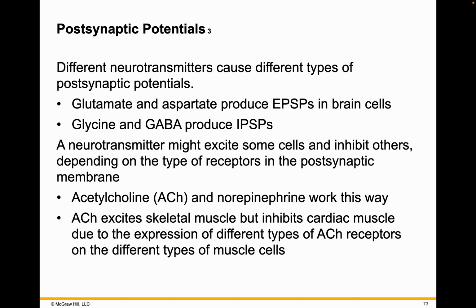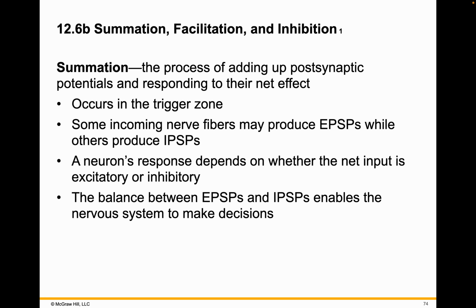A neurotransmitter might excite some cells and inhibit other cells, depending on the receptor in the postsynaptic membrane. Acetylcholine and norepinephrine both work in this way. Acetylcholine excites skeletal muscles, but it inhibits cardiac muscle, and that's due to the acetylcholine receptor on the different types of cells.